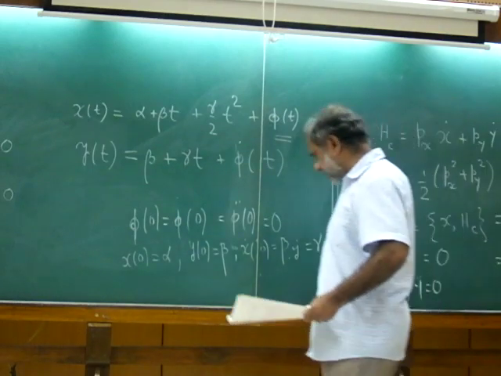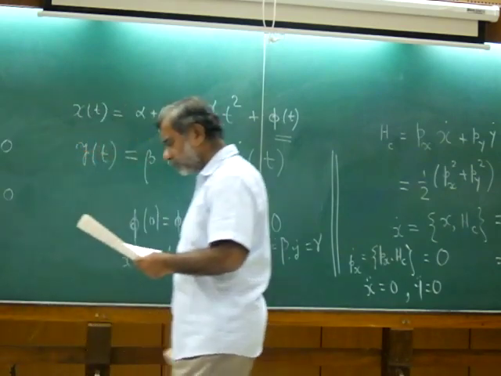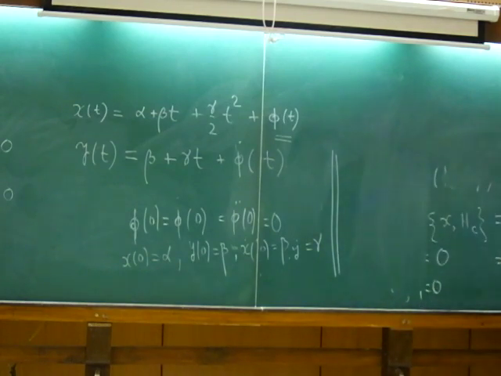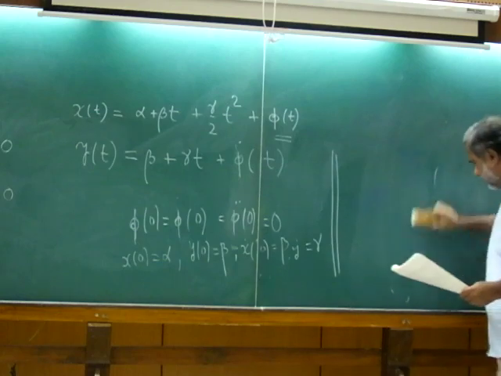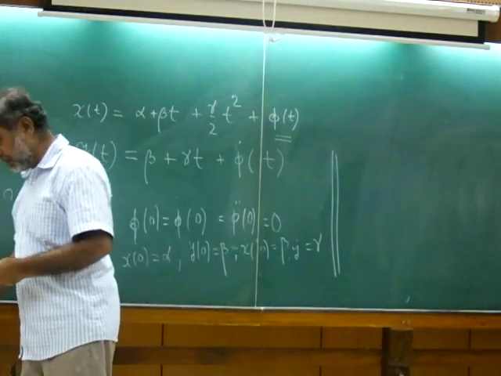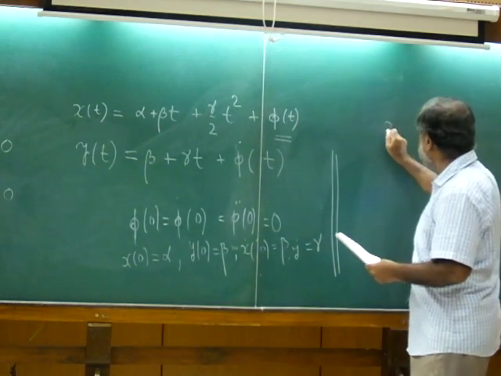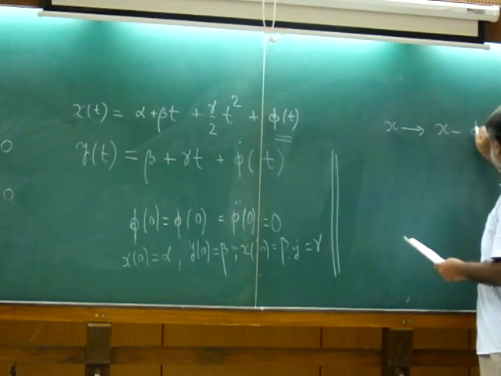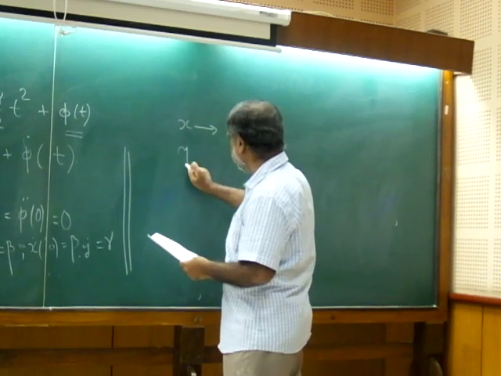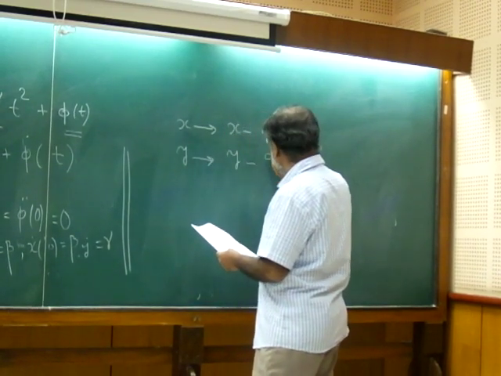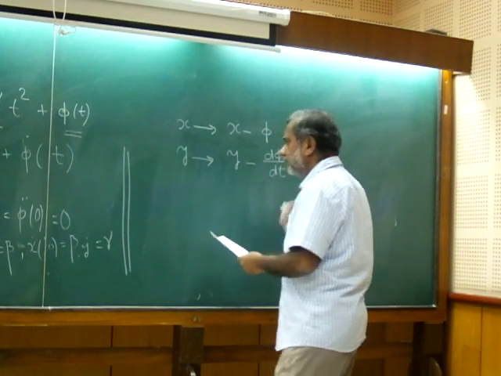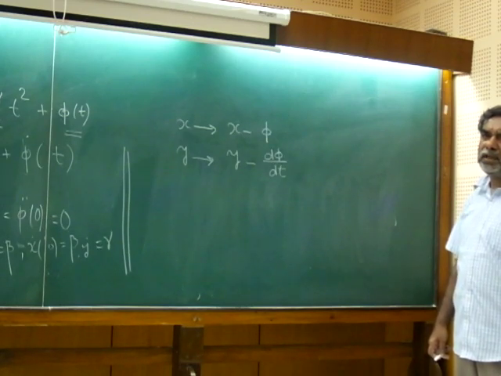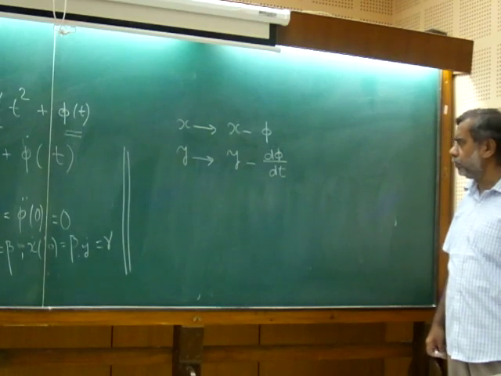And you can clearly see that if I change x by x minus phi and y by y minus d phi, this is called a gauge transformation.